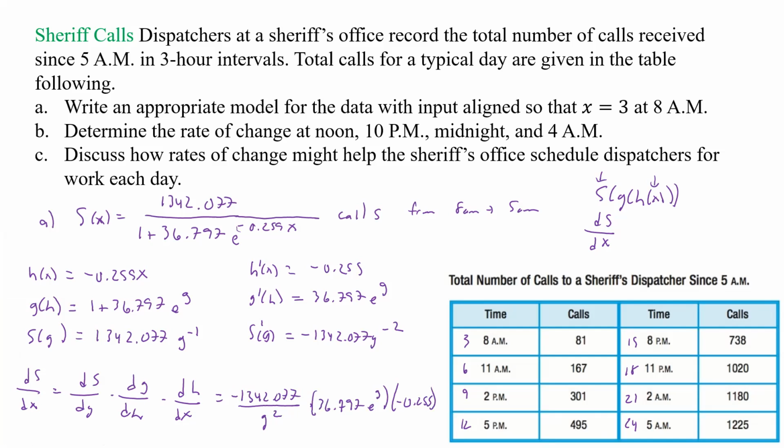Now we're going to have to go to the next page. Let's first multiply here: a negative 1342.077 times 36.797 times a negative 0.259. And that gives us a positive. So now ds dx is equal to a positive 12593.024.